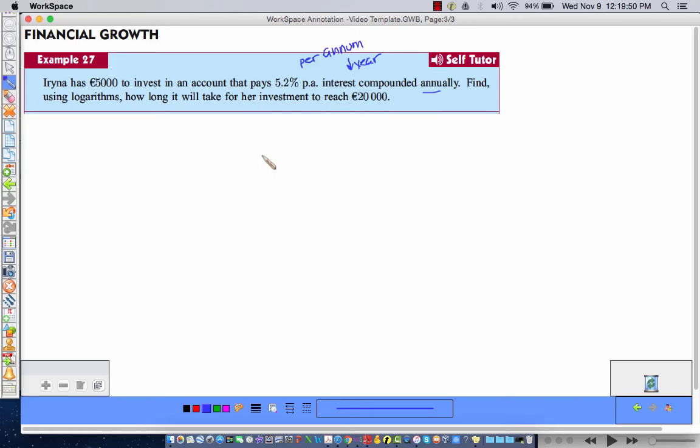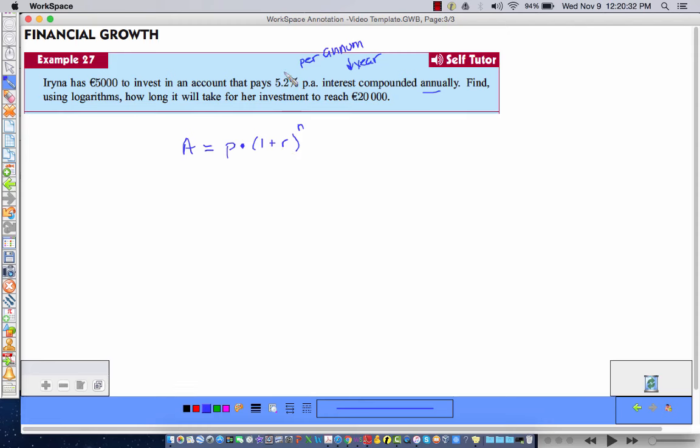Well, we have to realize that if it's compounded annually, the amount, I'll just call it A, is going to be equal to the principal investment P times 1 plus R to the n power. Why 1 plus R to the n power? Well, R is the rate, and the rate is 5.2%.